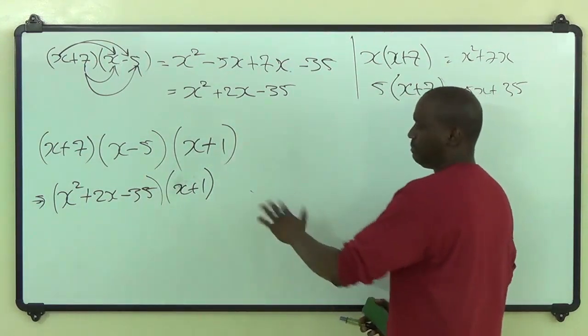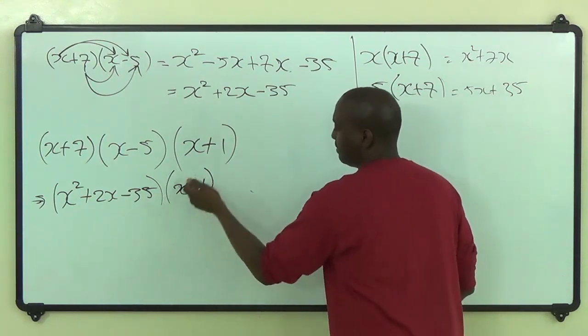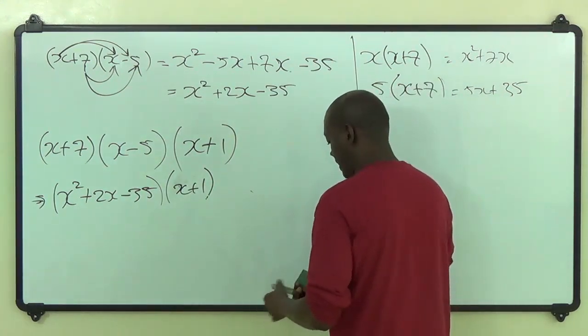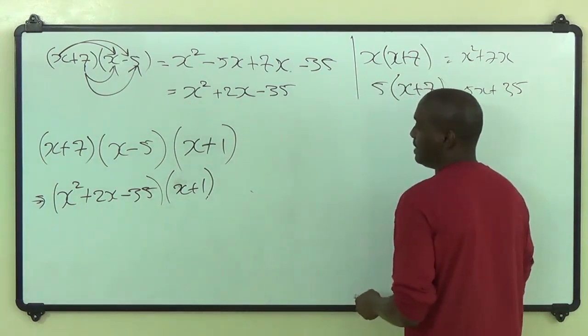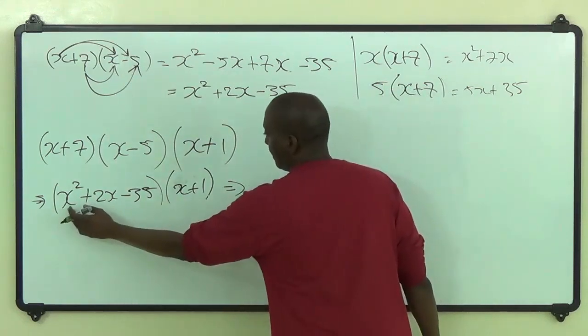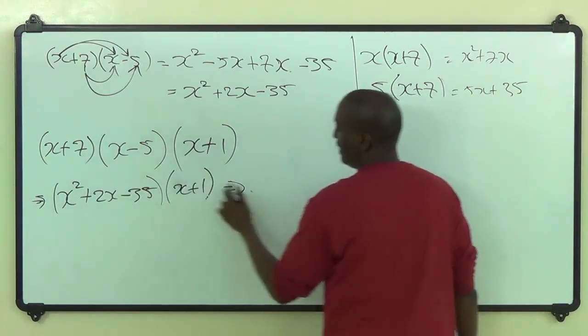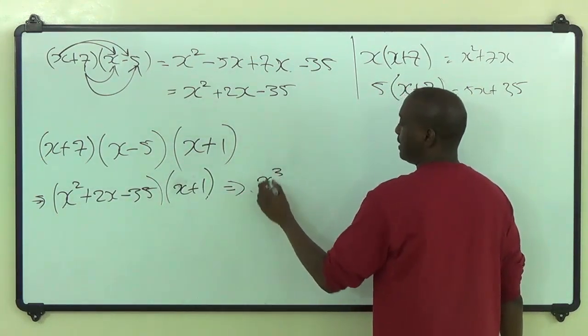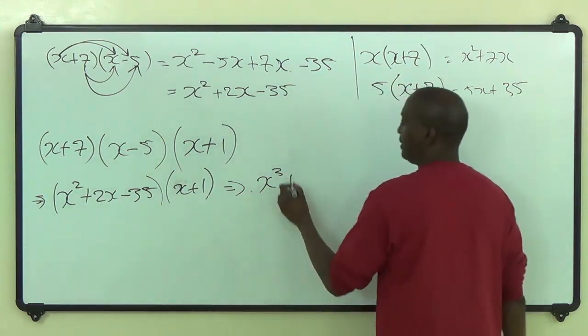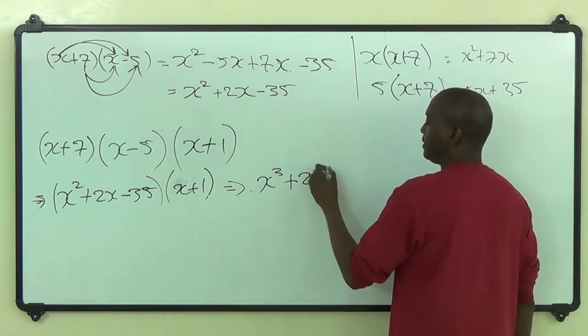Now you could multiply this by this, or you can multiply this by this. It really doesn't matter. But since we have it like this, I'm going to do it like this just for the sake of the explanation. So this is the same thing as, you take the x squared and then multiply by x, you get x cubed. You take the 2x and then multiply by x, you get plus 2x squared.